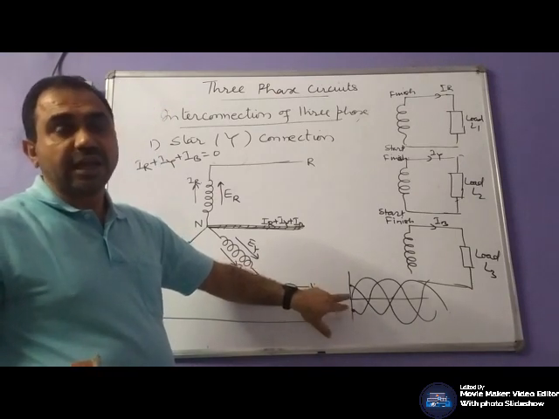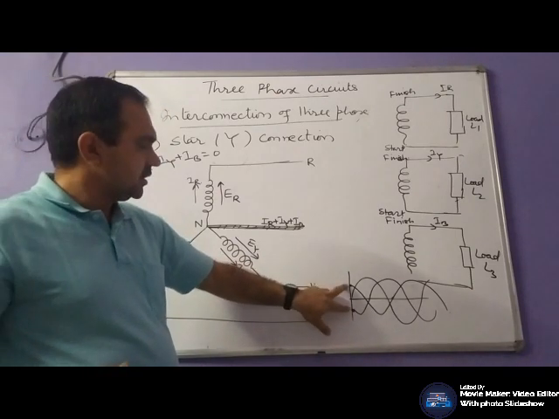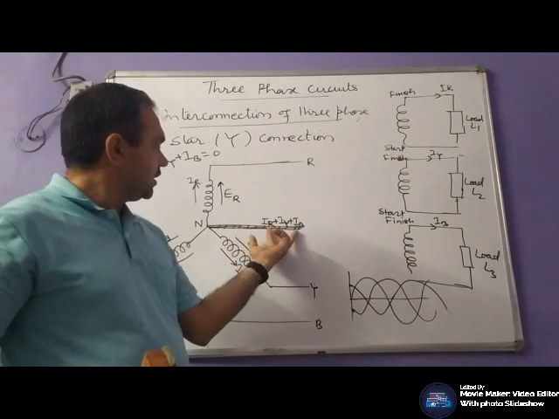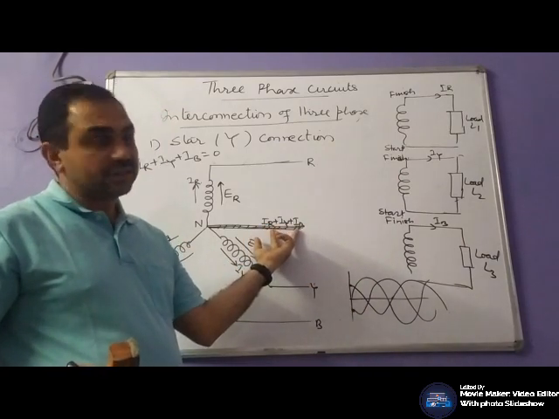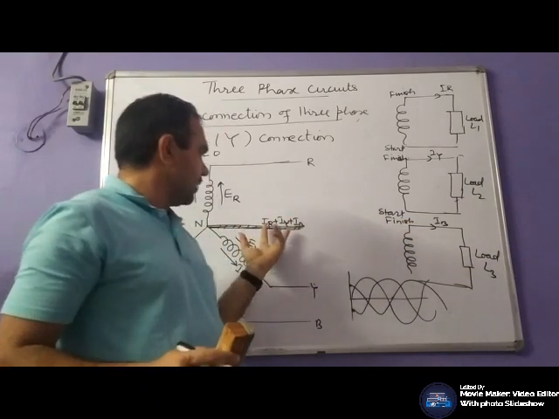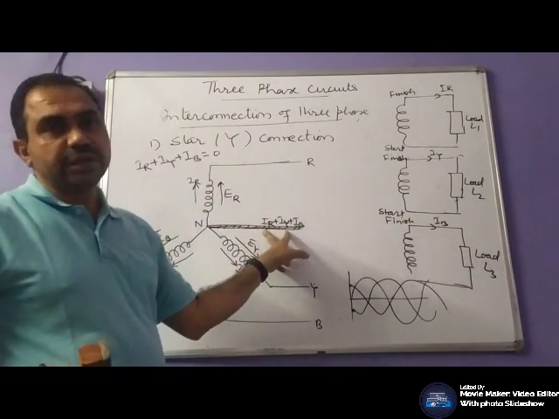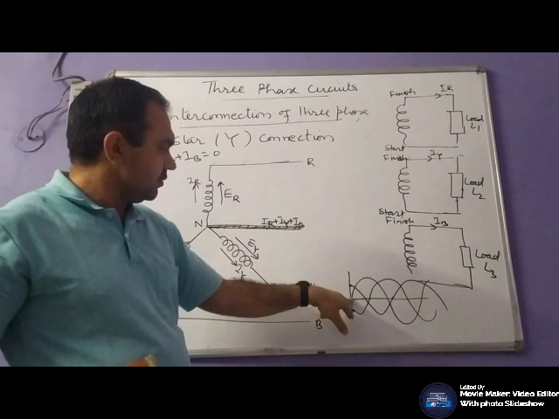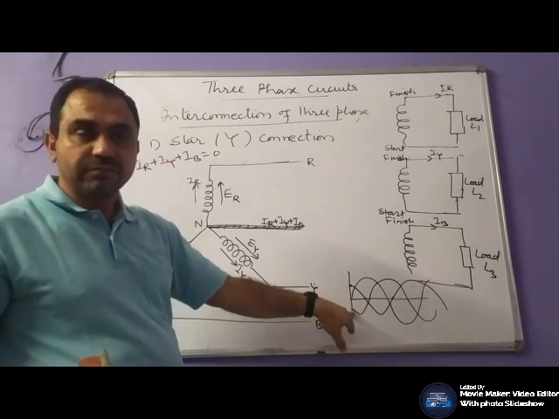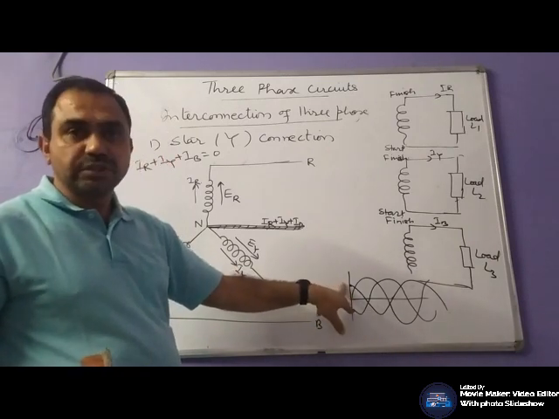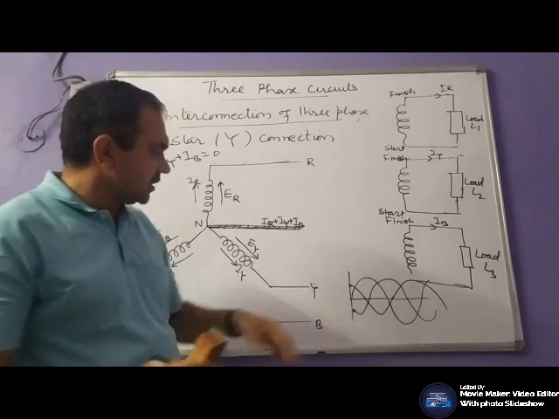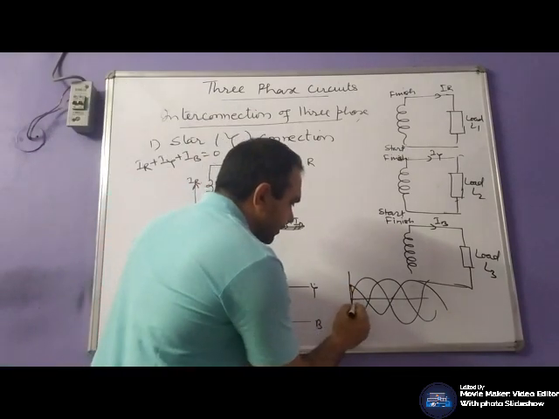If we get the algebraic sum, it is 0. So it should be 0 if the system is balanced and the current in all the branches is the same. One is 0, another has a negative value, another has a positive value. These will cancel each other, and at a particular point it would be 0.